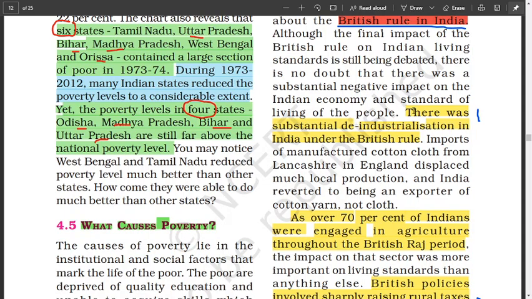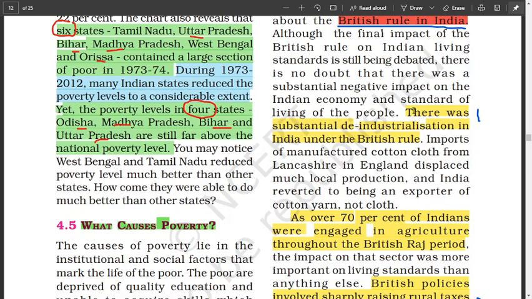Most of our industries were destroyed because of the exploitation and because of the industrial revolution in the British Empire during those days. So our industries were affected.